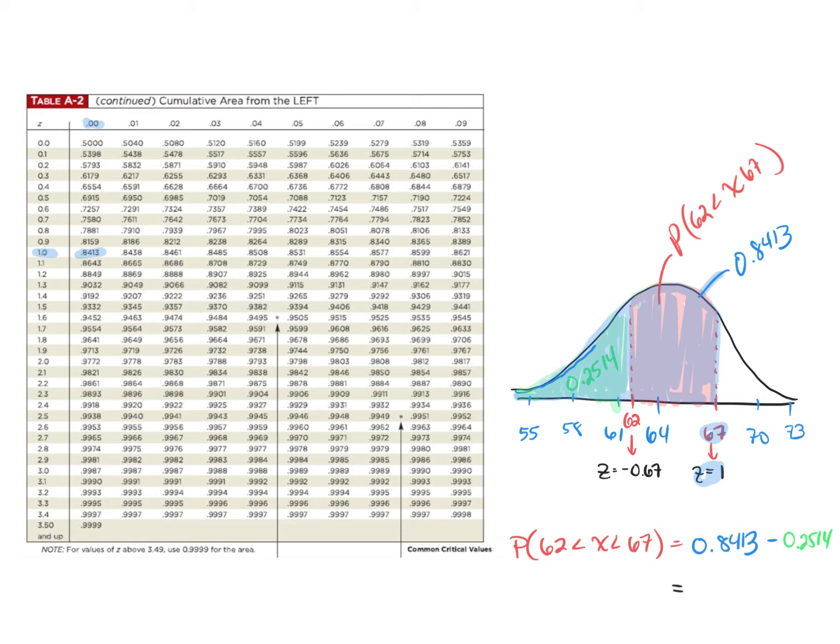That gives me 0.59. So the probability that a randomly selected female has a height between 62 and 67 inches is approximately 59%, or 0.59.